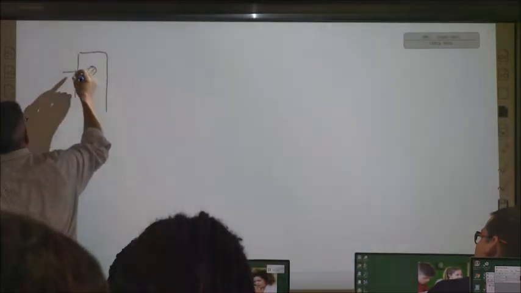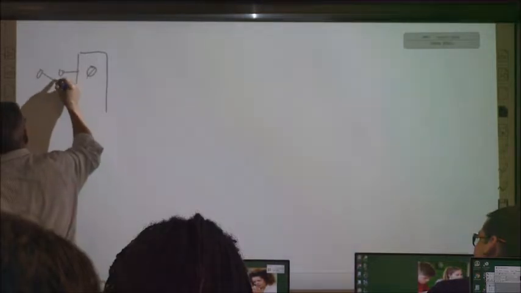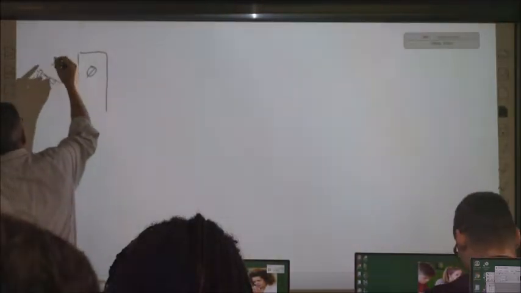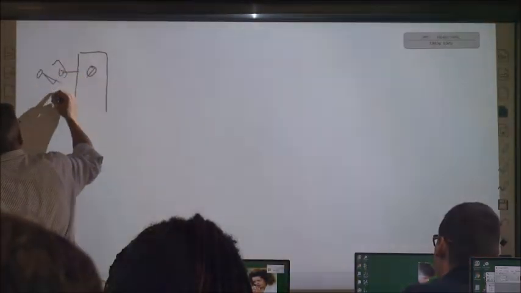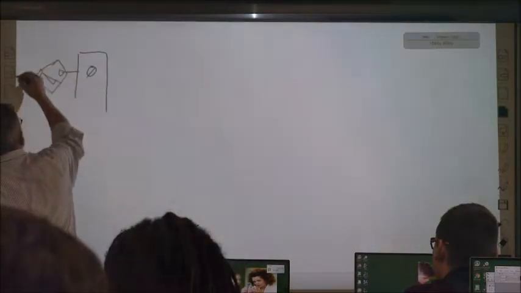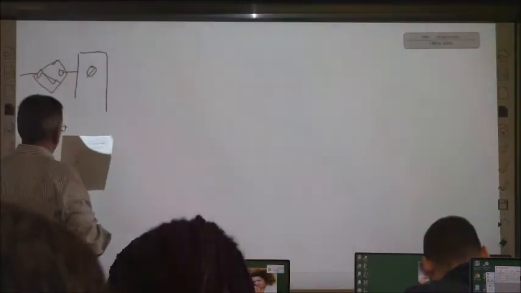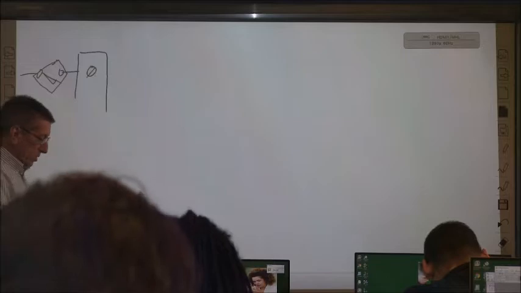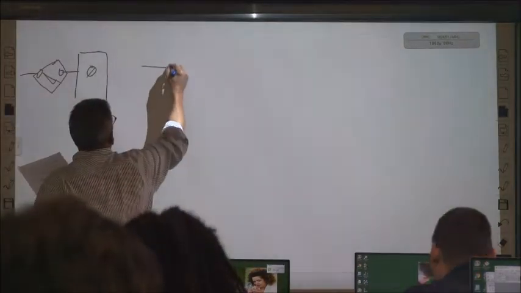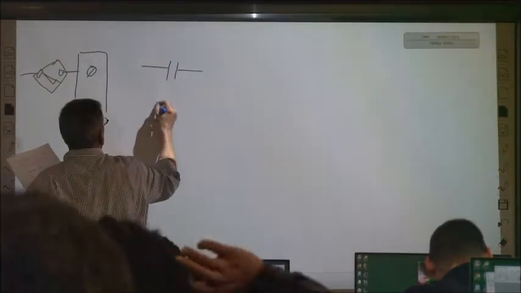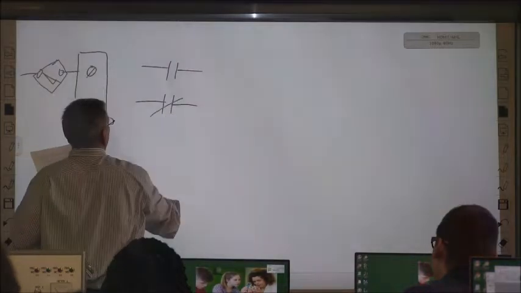Get a normally open proximity switch. There's the XIC. There's the XIO.